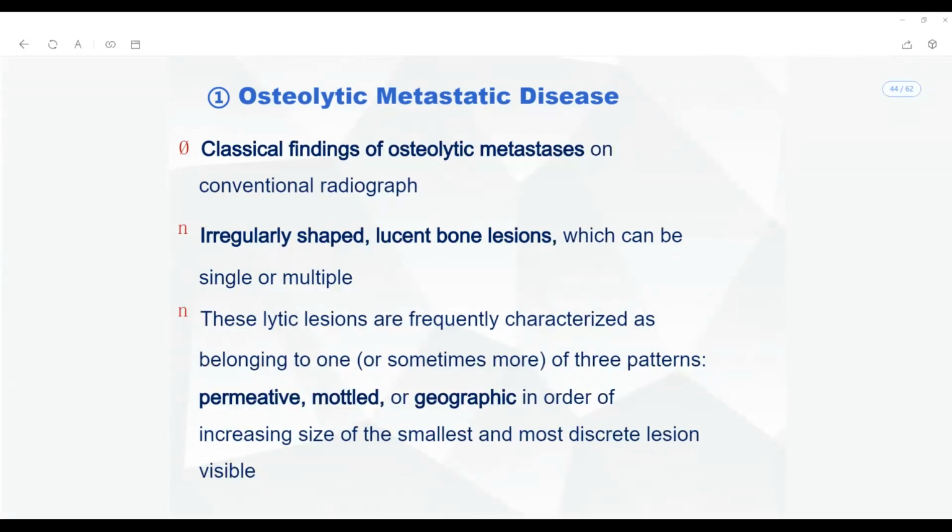You can call the Paget's disease condition the hair on end appearance. Hair on end appearance is a classical feature of Paget's disease, but they are also called skip lesions.